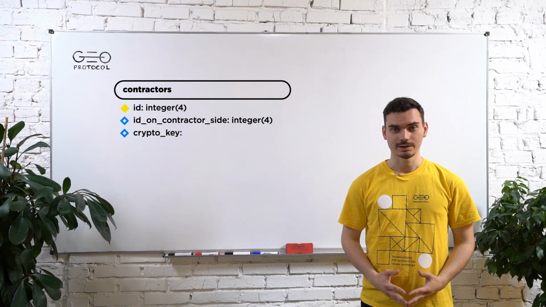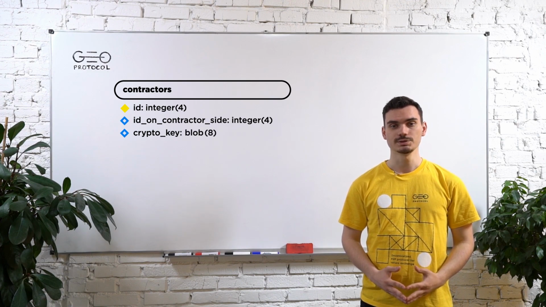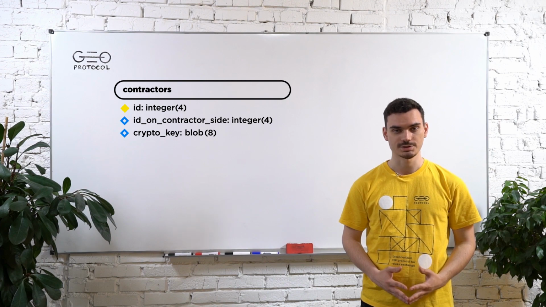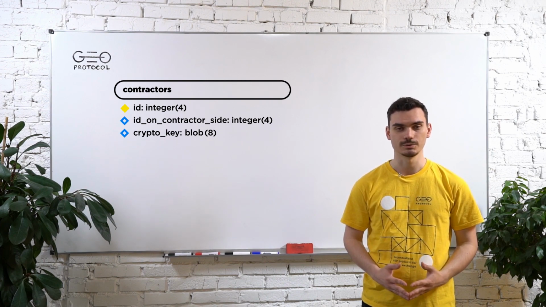It is used to identify the current node by the contractor node, since, as was mentioned above, every node has its own identification order of its contractors. Crypto key field contains cryptographic data that is used to encrypt and decrypt all types of Trustlines-related communication messages, as well as for some payment-related messages between the two nodes.